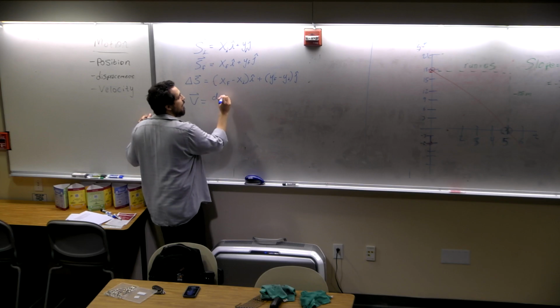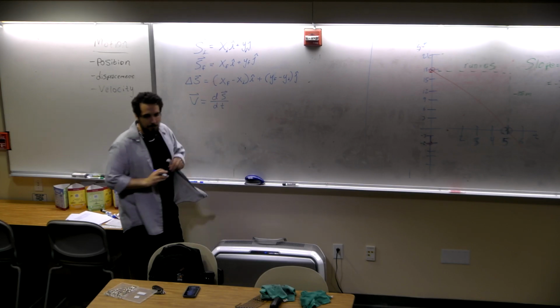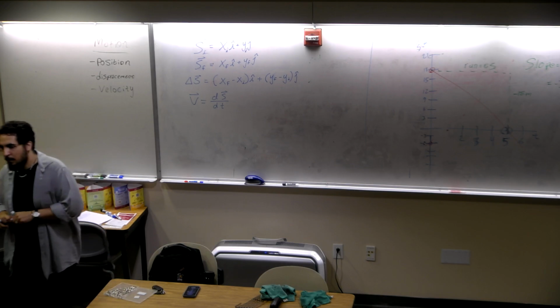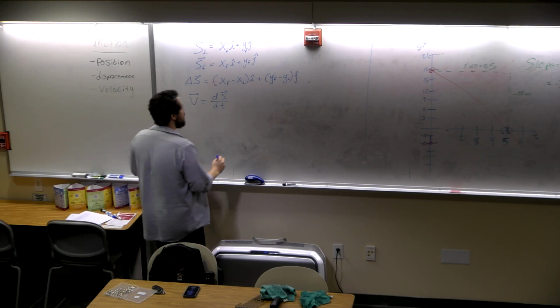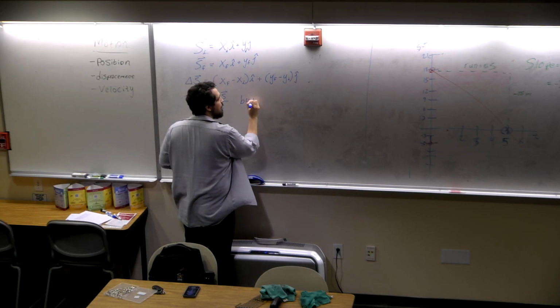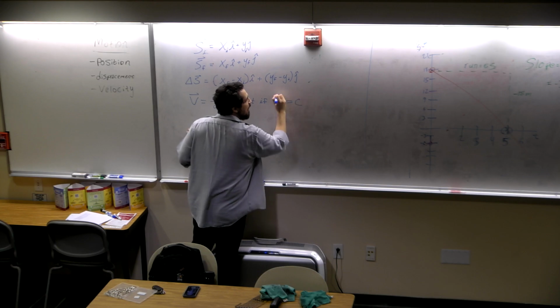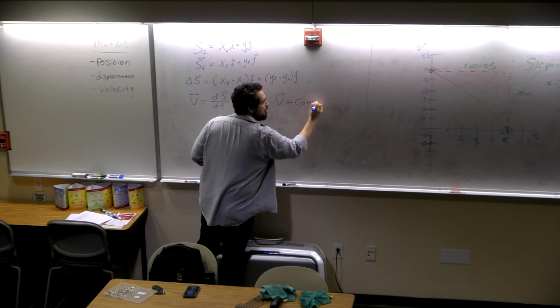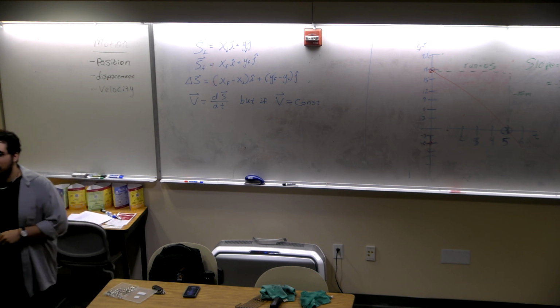Remember, velocity is a vector, meaning it has a magnitude and direction. So if your velocity is maintaining its magnitude and its direction at some constant value, it's not changing. It's going the same speed, same direction for as long as it's moving. But if this is true, then the velocity is just given by displacement over change in time.